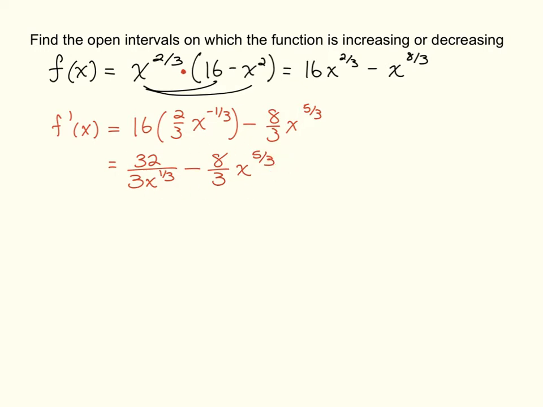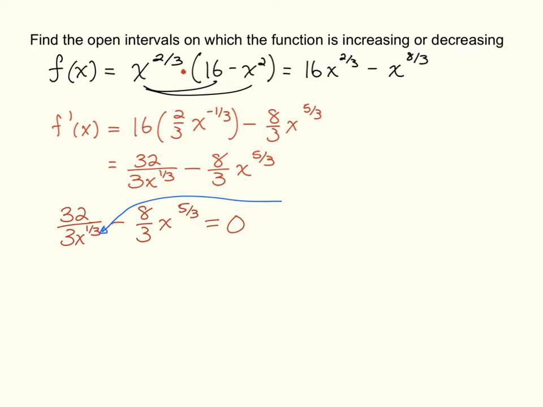And now I can set it equal to 0 and solve for x, as well as look for any undefined values of the derivative. So 32 over 3x to the 1/3 power minus 8/3 x to the 5/3 power equals 0. I can see that the derivative has an x in the denominator right there.